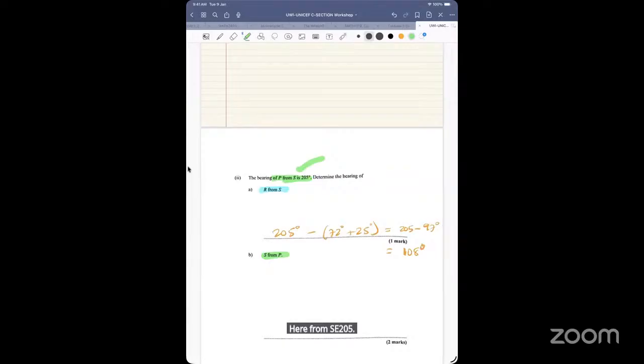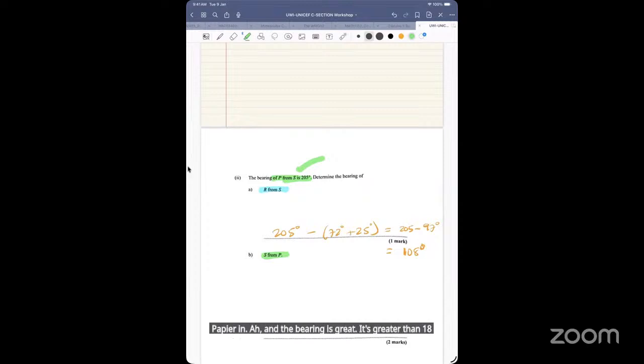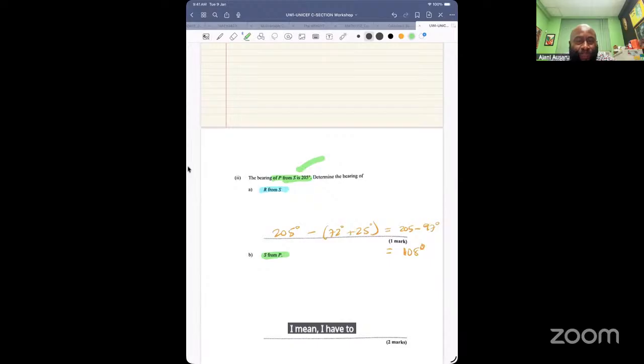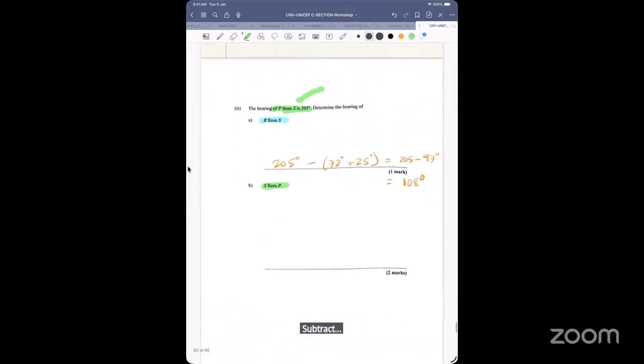Back bearing. And the bearing is greater than 180. So to find the back bearing, which is S from P, what must we do? Subtract.